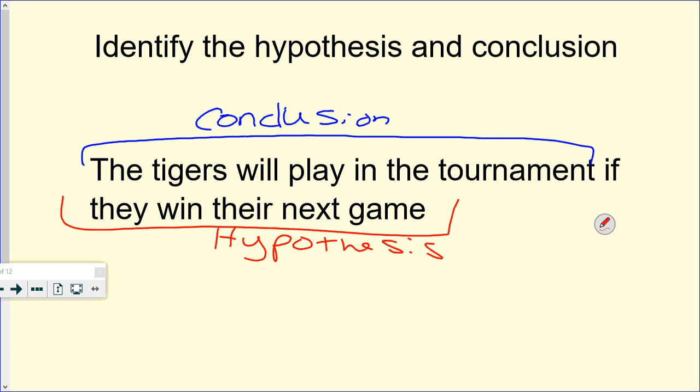I think it's easier to find the conclusion first because we can spot those vocab words, because that's what we're defining. Remember, what two words do we not include in our hypothesis and conclusion? If and then. Do not include the words if and then in your hypothesis or your conclusion.